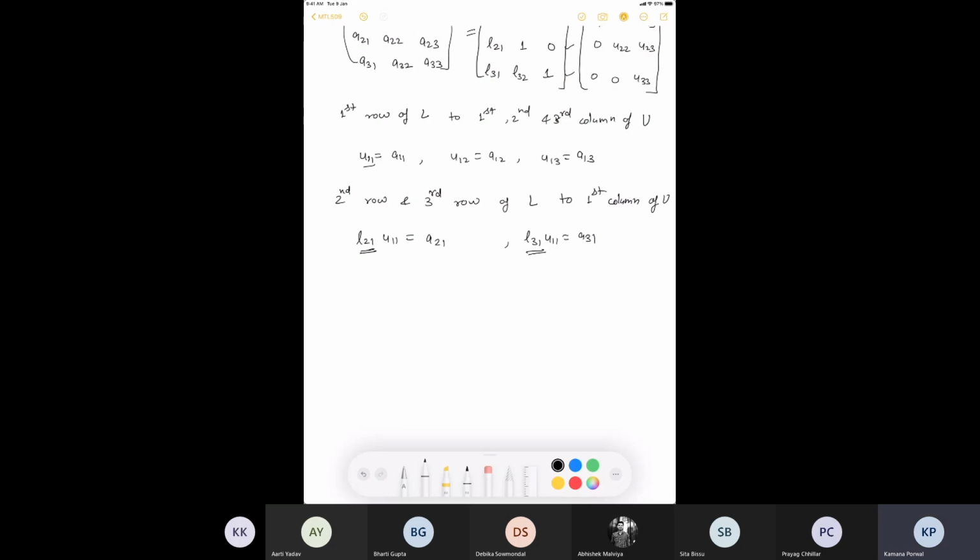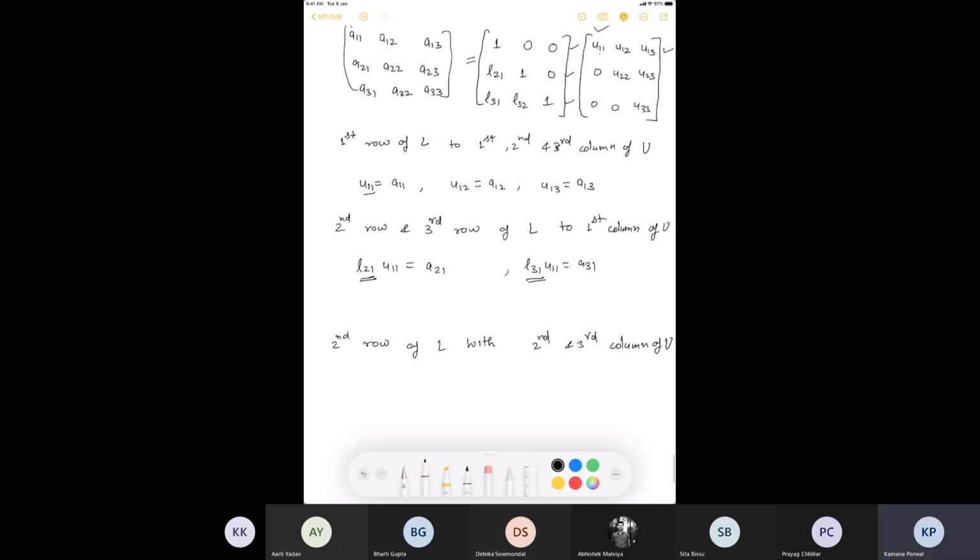Likewise, if you multiply the second row of L with the second and third columns of U, note that I am multiplying the second row with the second and third columns.